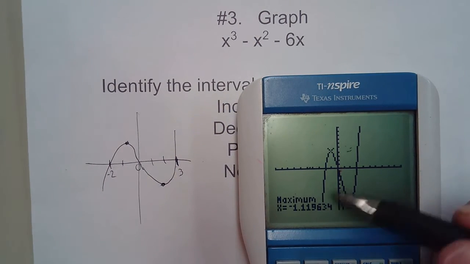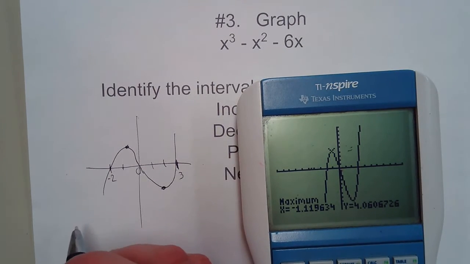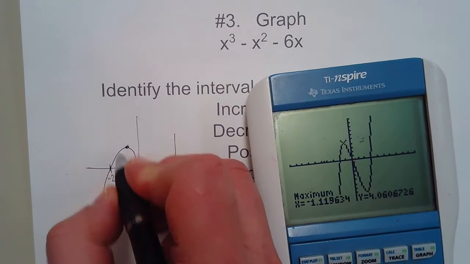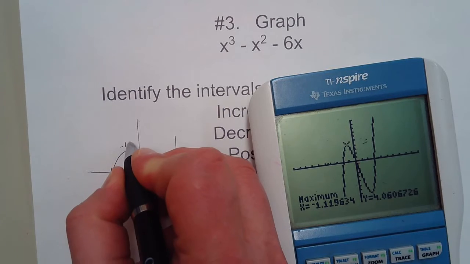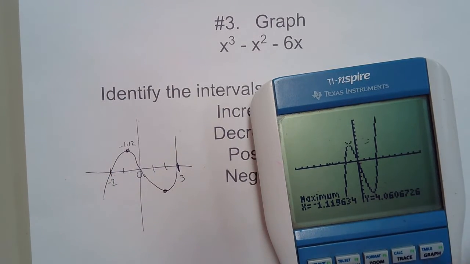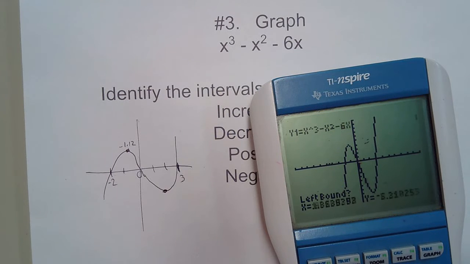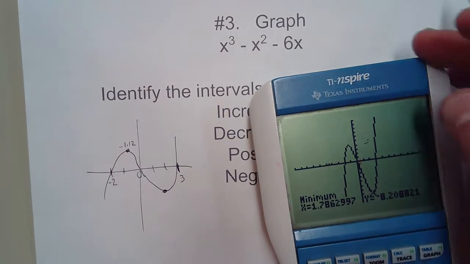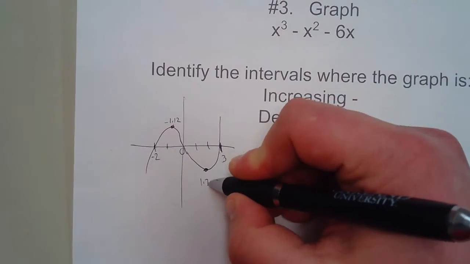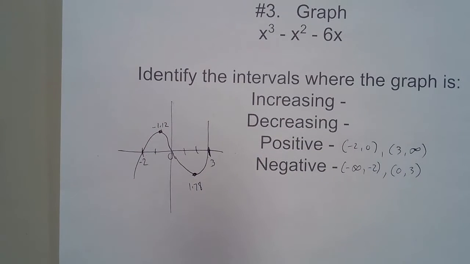Okay, so this is at -1.12. I'm just going to write that there, -1.12. And then let's go ahead and get this minimum. So good thing I checked because I would have had the wrong values there. Left, right, guess. And 1.79. Okay. So I'm just writing down the x values because that's all I care about for the intervals.